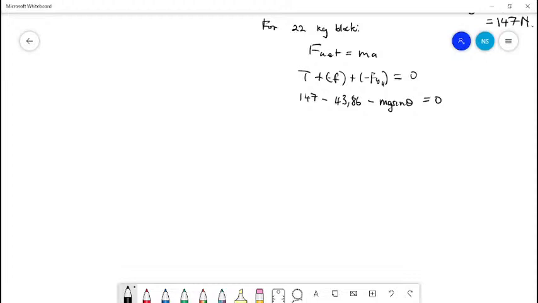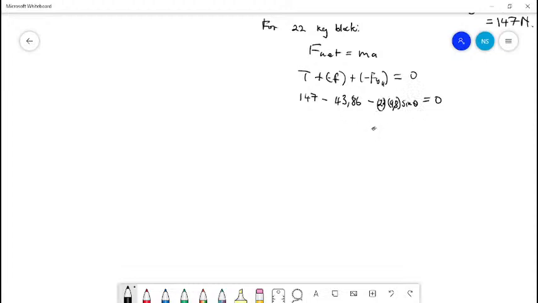So we're looking for theta, and we have the tension and the friction. All we need to do is substitute our mg sine theta, where the mass is 22 and g is 9.8, times sine theta.